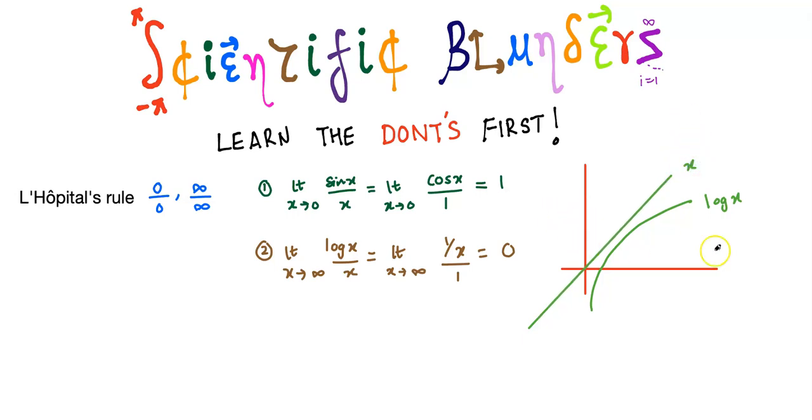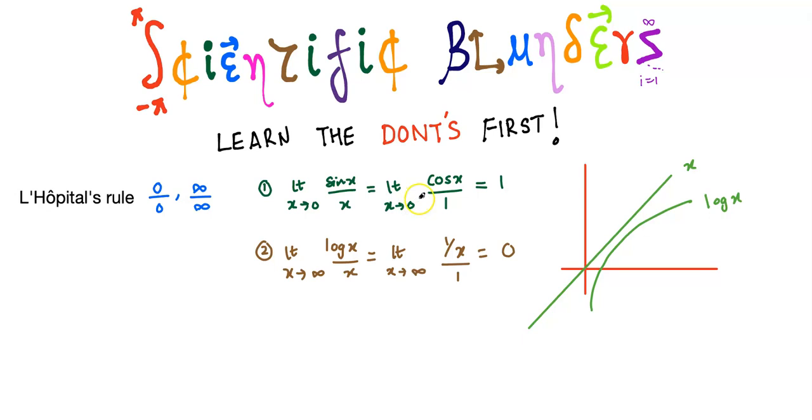So as x gets larger and larger, x is just going to grow much faster than log x. Log x is going to saturate because the derivative of log x is 1 over x, right? So that means the graph is going to get flatter and flatter as x gets larger, while x is just going to continue to grow linearly. So as x gets very large, log x over x is going to tend to 0, right?